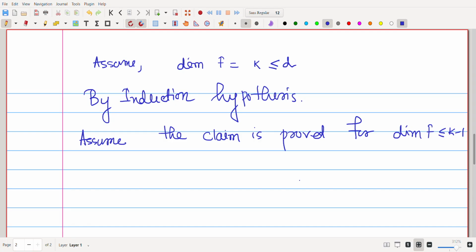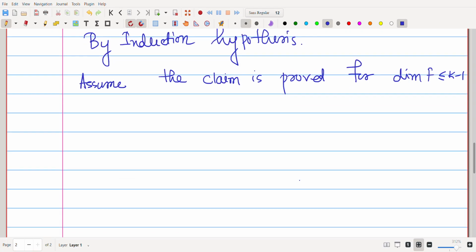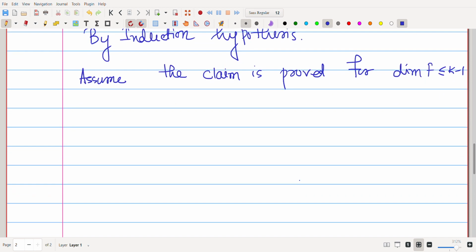By the given condition, there exists a vector v belonging to F such that all vi are positive.